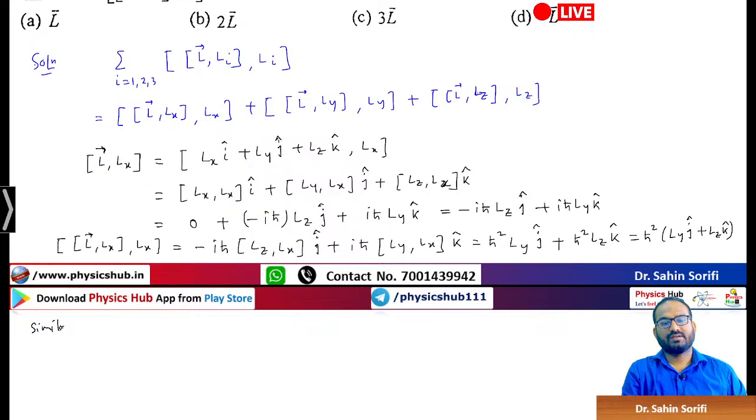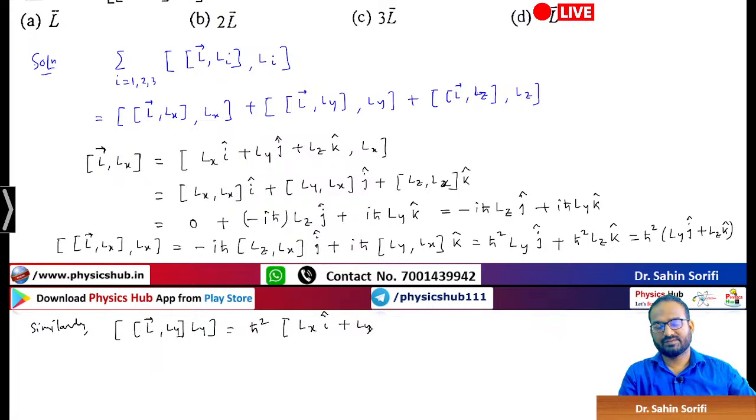Hence, if I take this commutation, let's say L with Ly, what are you going to get? h cut square. Previously it was x, so we had y and z only. Here we have taken y, so we should get Lx i cap plus Lz k cap.